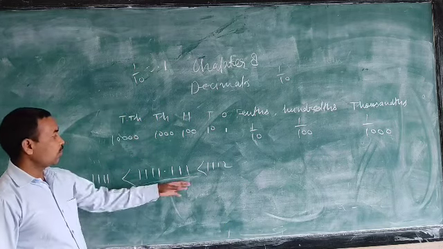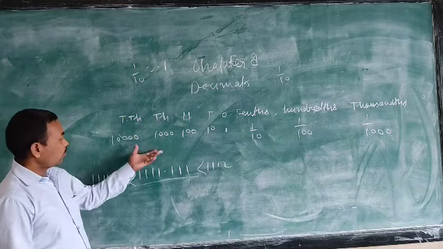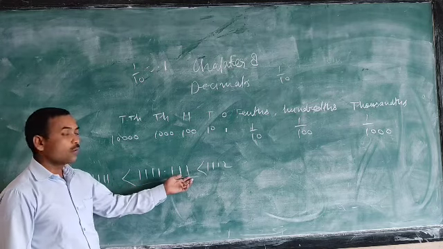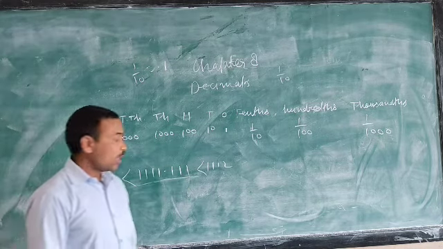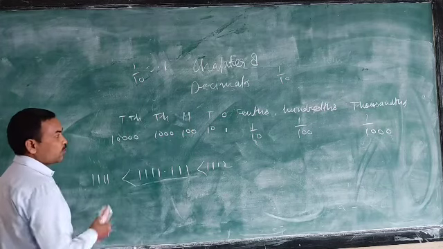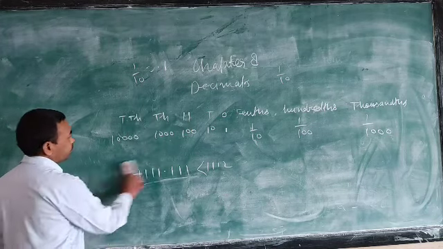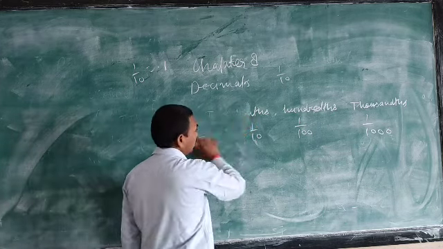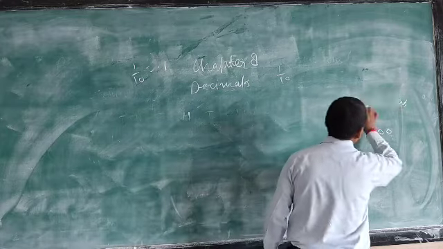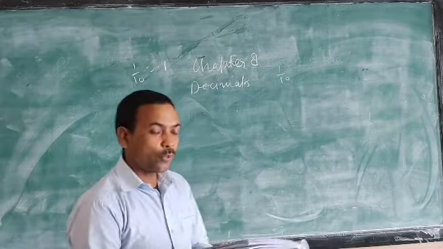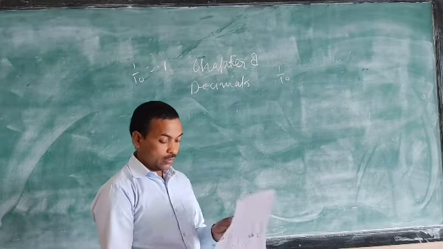So you can think about the number, and how to read the decimal number 1111.1. This system is known as the decimal number system. So I will tell how to read the decimal numbers.